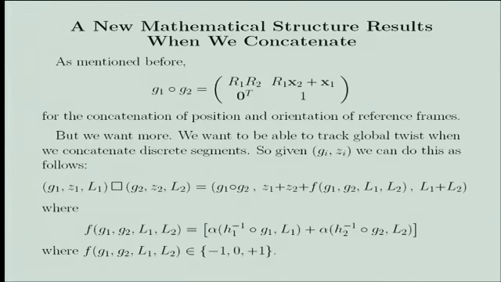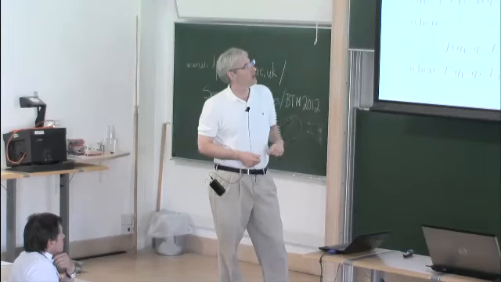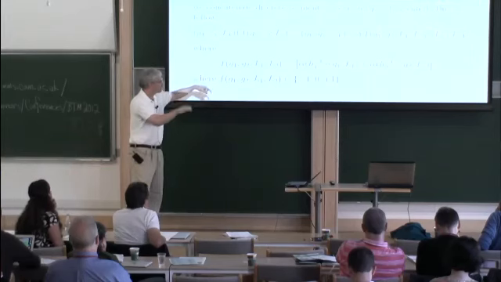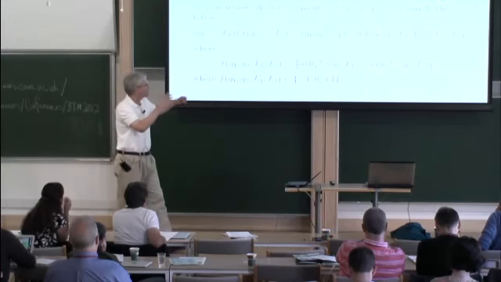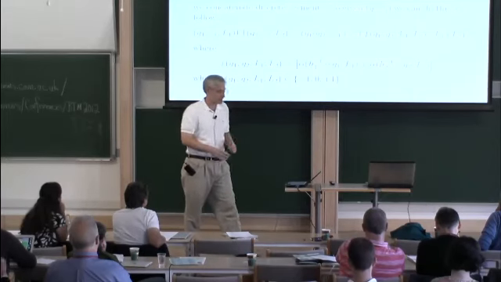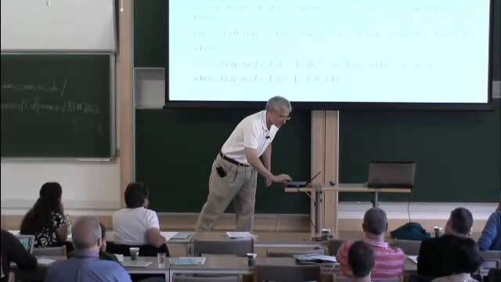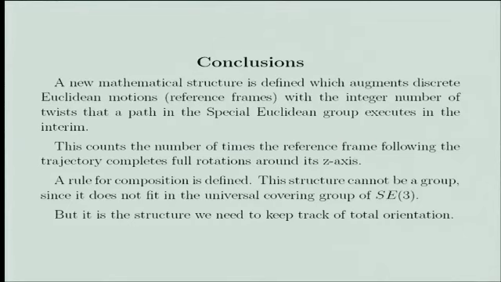And the integer number of turns that you get along the concatenated segment is the sum of the integer number of times that it turns in each segment, plus a function that depends on the g's and the l's, which is kind of complicated, but that's what comes from the robotics, inverse kinematics side of things.